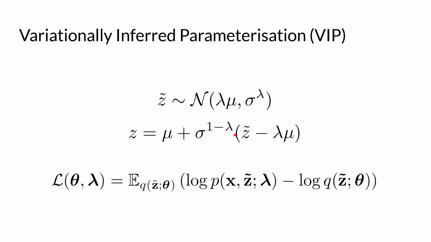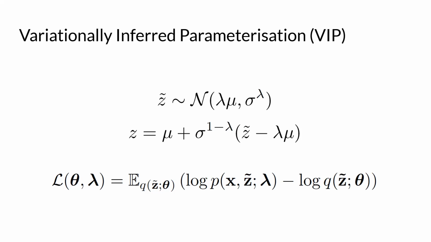Now, having defined this, we can try to fit this variational distribution to our target distribution, and we're going to do this by optimizing the evidence lower bound that depends on both the variational parameters theta and the parameterization parameters lambda.